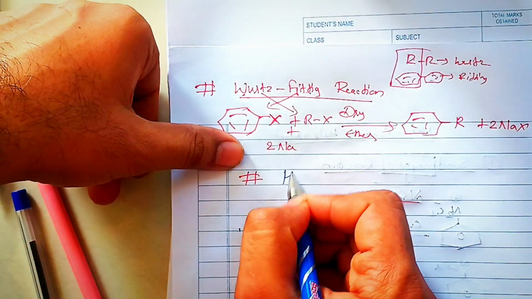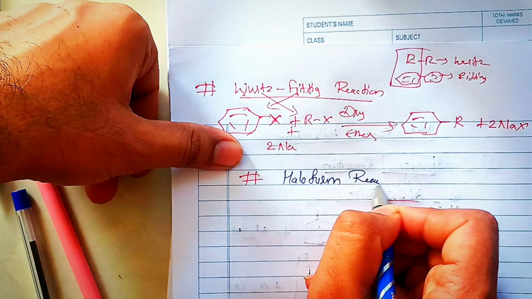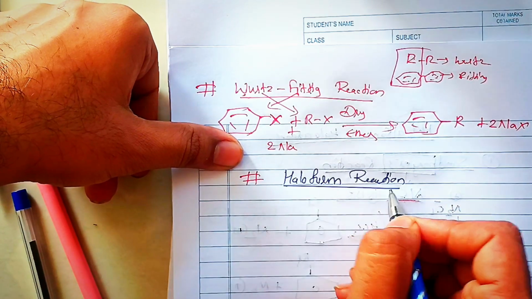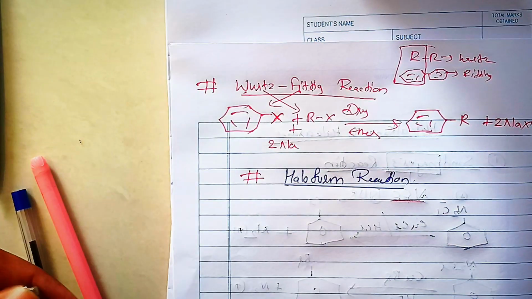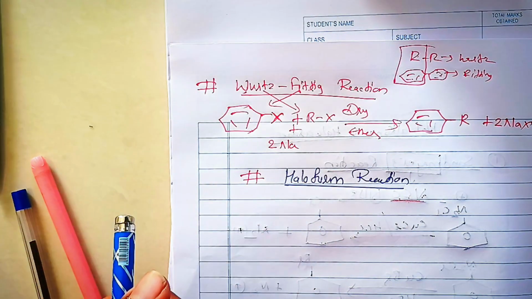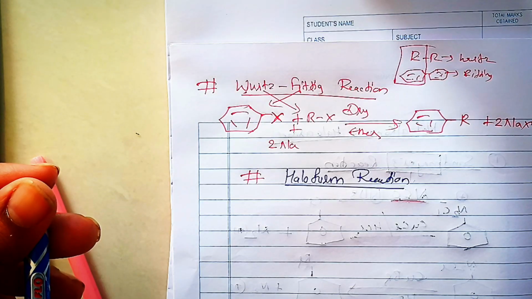Next it will be the haloform reaction. In the haloform reaction we can discuss it in the aldehyde chapter also, and here also; in both we can get the haloform test.